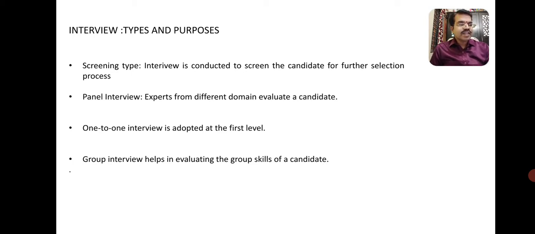So screening is the very first, initial step, wherein the employers try to screen the most eligible candidates for the successive rounds of selection.